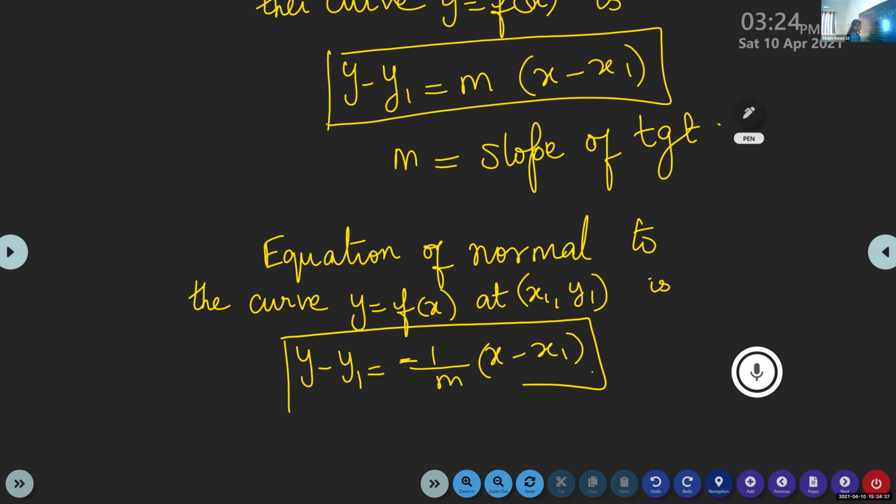What is m? Again, slope of the tangent. Slope is given by dy by dx. So m is dy by dx at the point x1, y1.